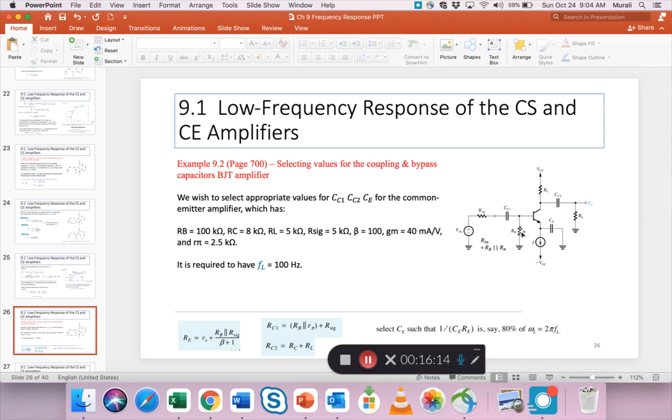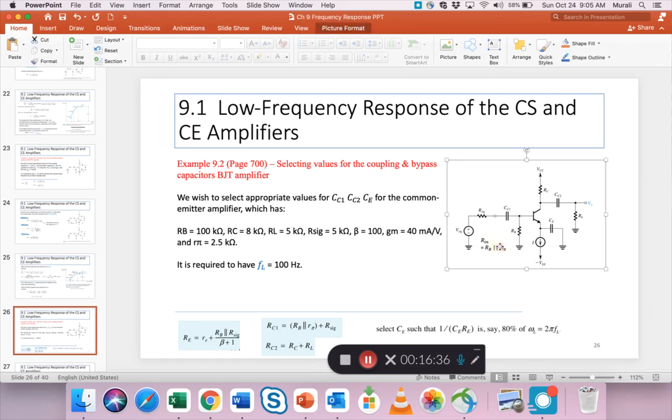again: R signal, RB, RC, RL, gm also for this device, and you're given one more thing, which is r pi, which is the small signal model resistance, right?